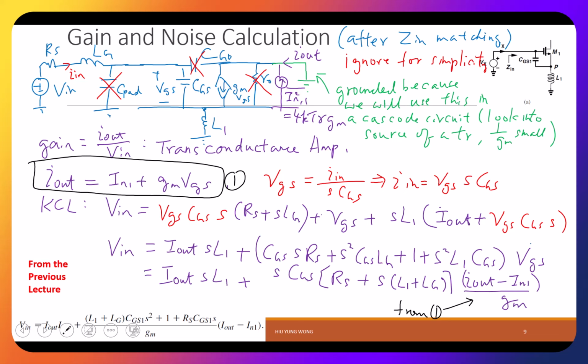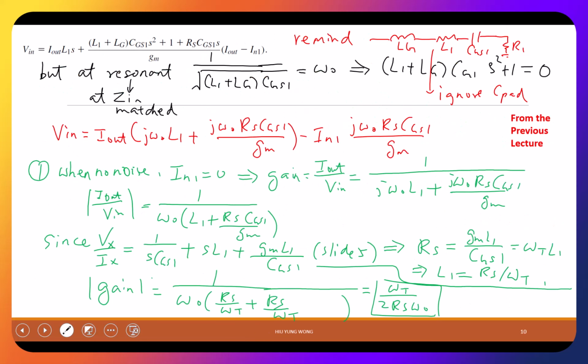So a lot of complicated math we won't repeat. Go through all this complicated math, right? Then eventually we have this equation: Vin as a function of Iout, and also as a function of noise. But now it's the value of the noise, right?